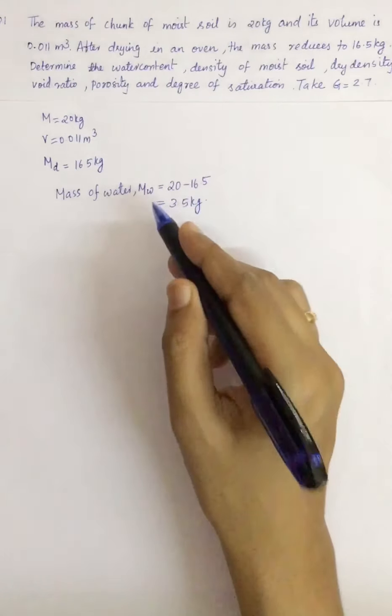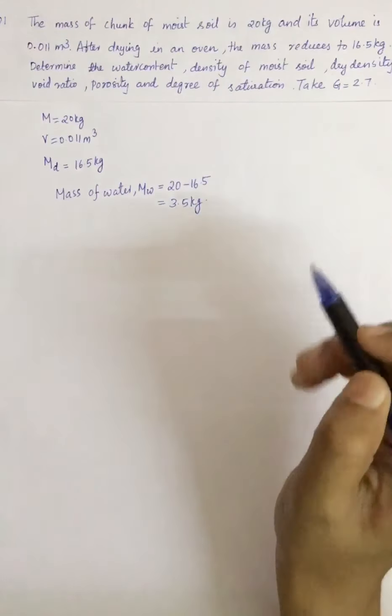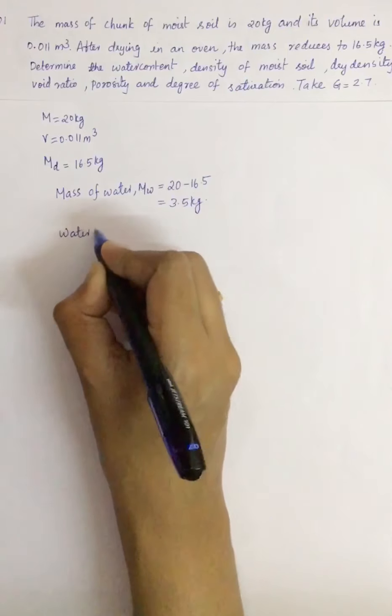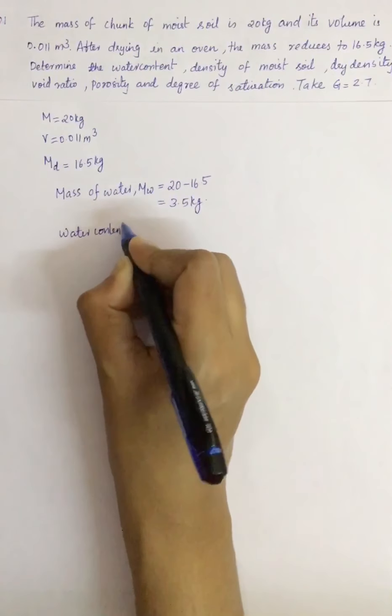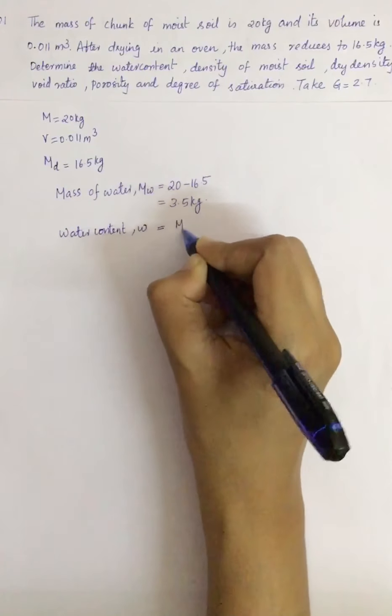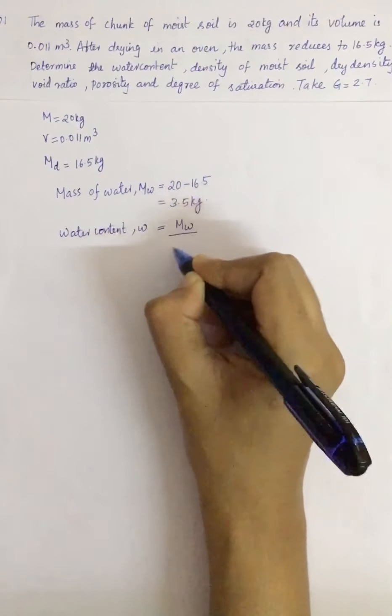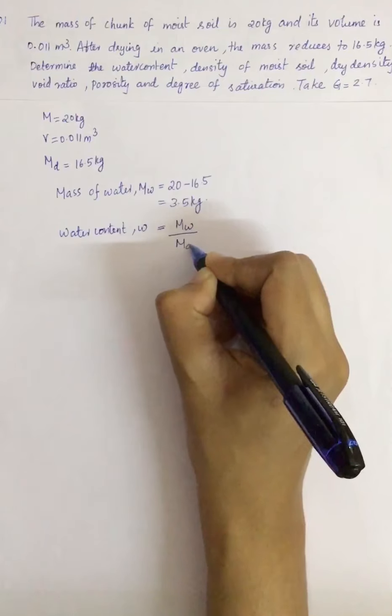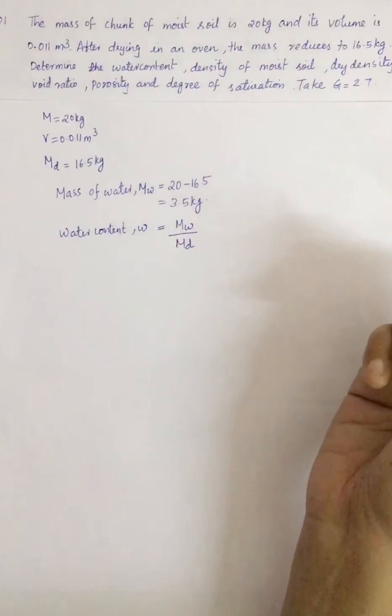As we know MW, we can find the water content W. So the water content W is nothing but mass of the water divided by mass of the solid or mass of the dry soil.